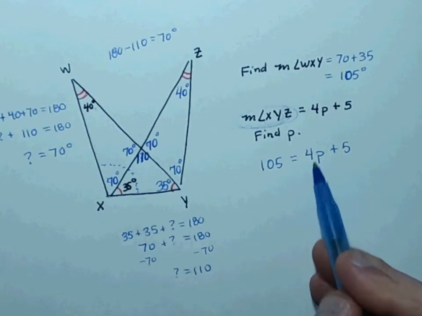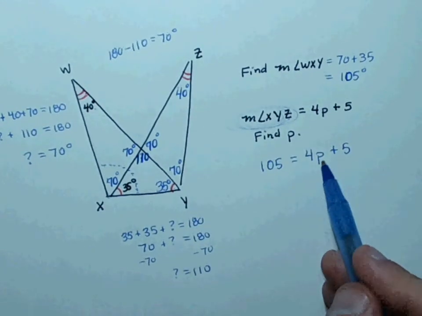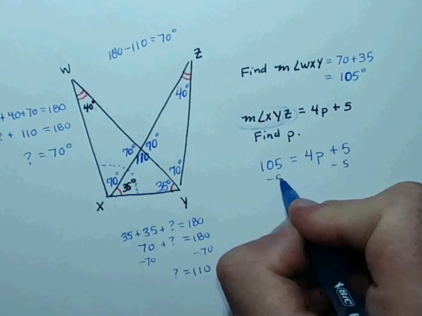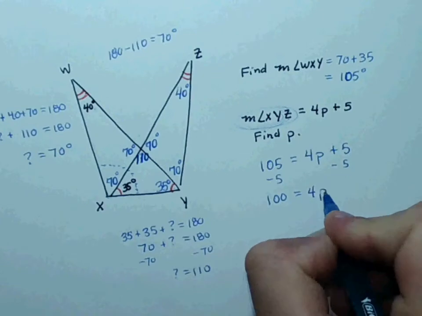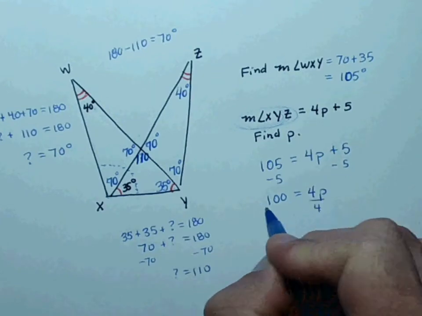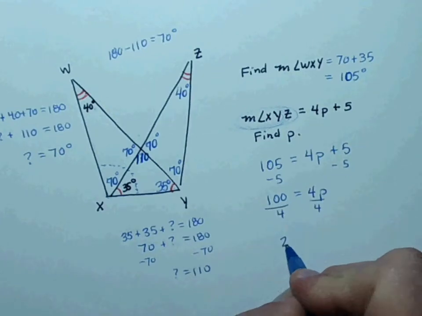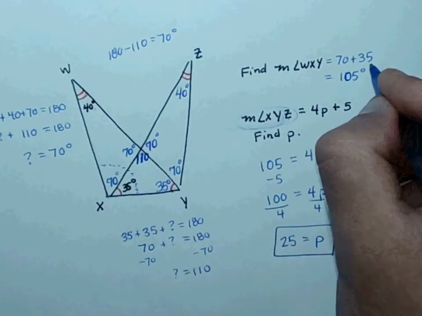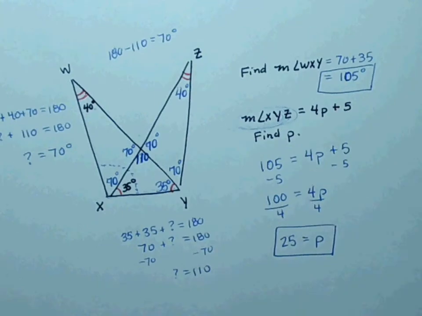Again, P is just a variable, like X, Y, Z, or anything. Okay? And we just need to solve for P: subtract 5, then divide by 4. So P equals 25.